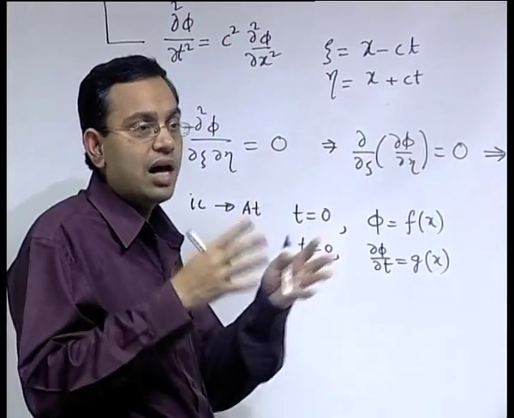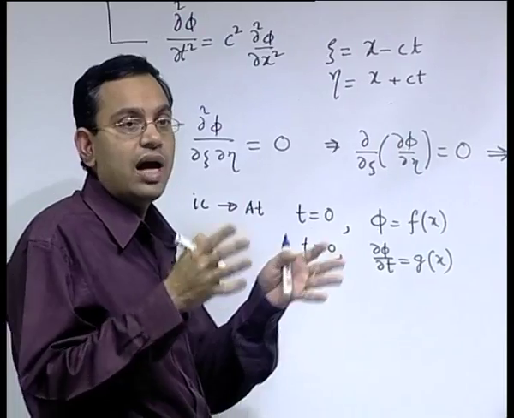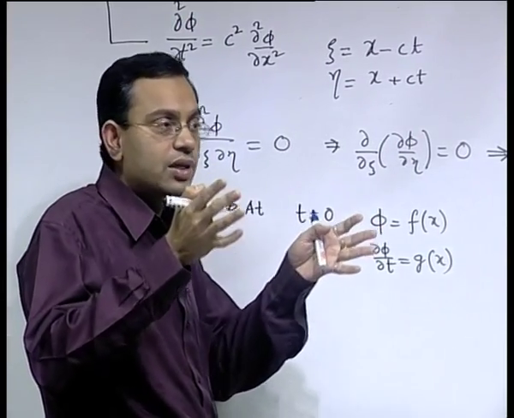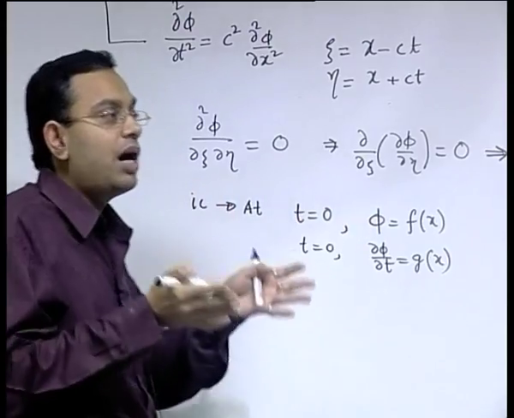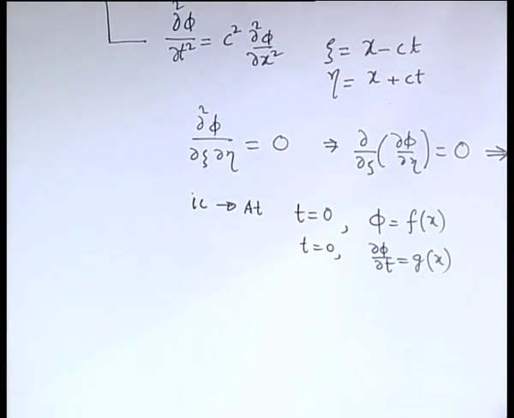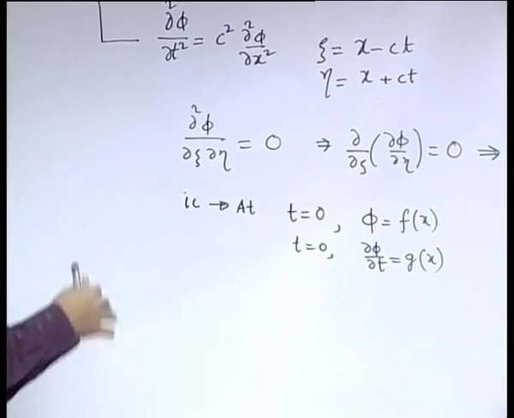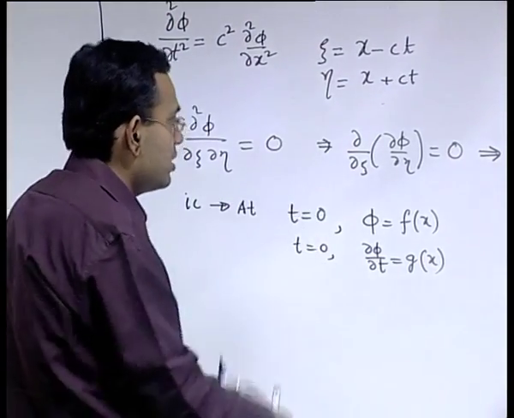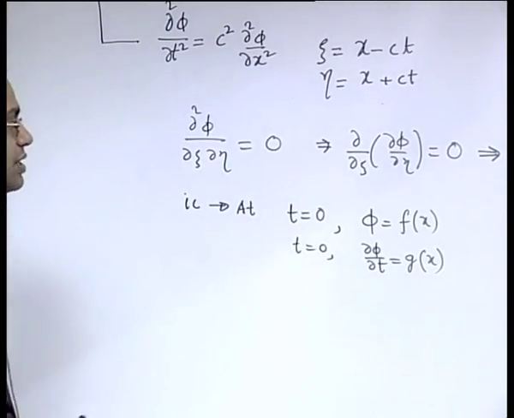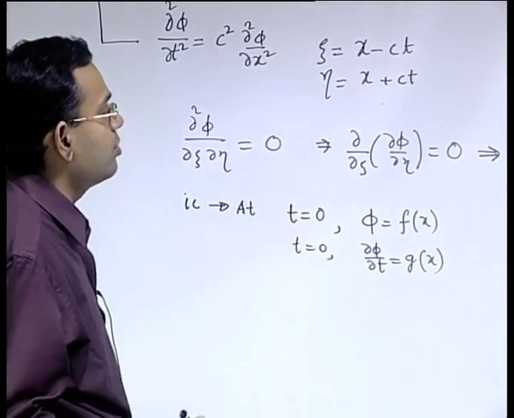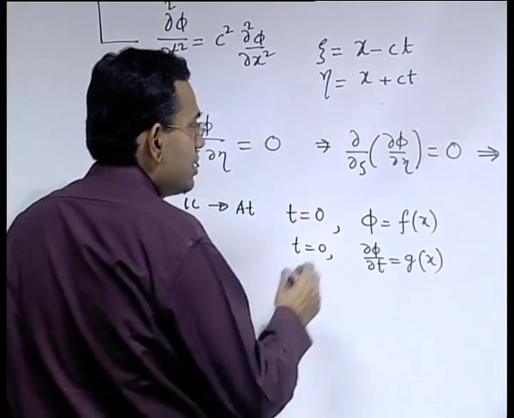So as you have different t, you have your domain of influence bounded by different values of x, and we will come across such physical examples subsequently, but let us just for the sake of completeness complete this exercise. So at t equal to 0 you have this equal to f(x).